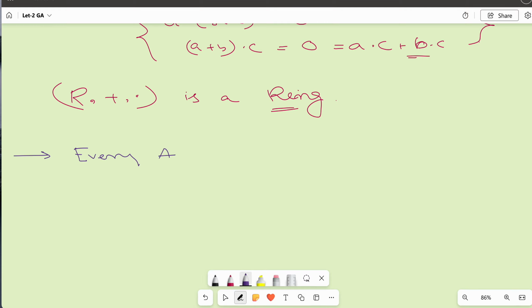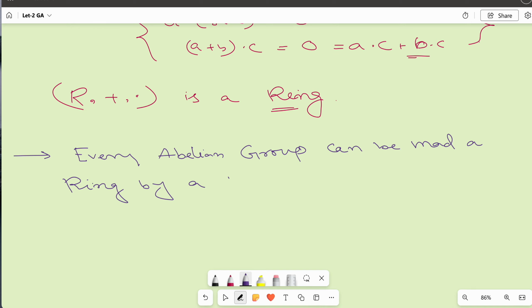Every abelian group can be made a ring by defining a suitable multiplication.